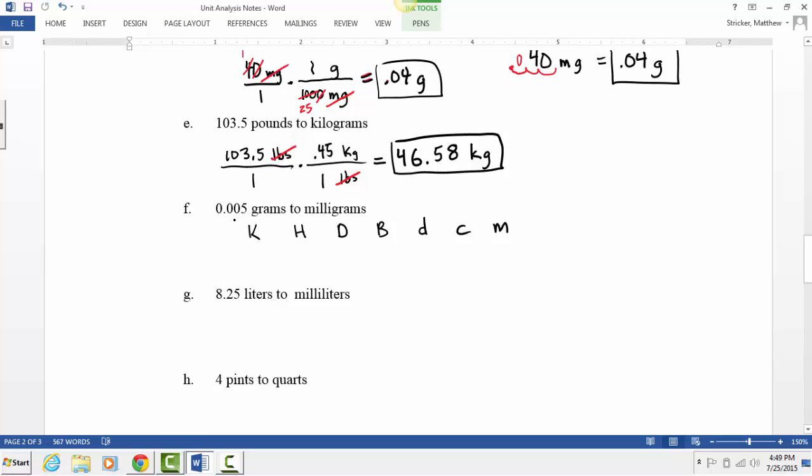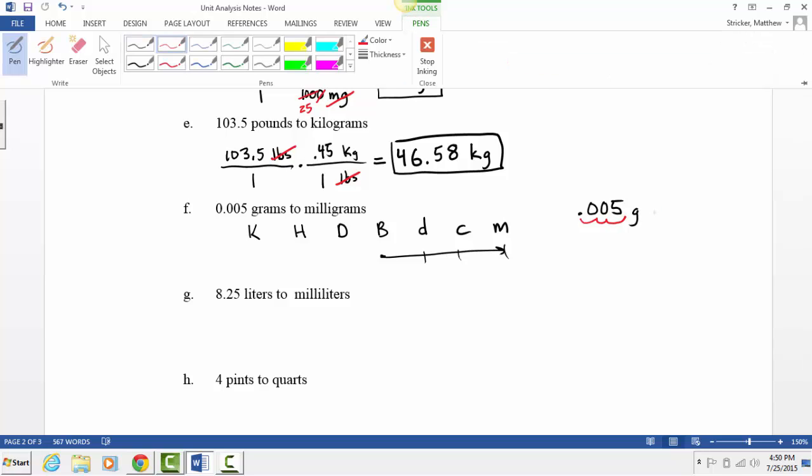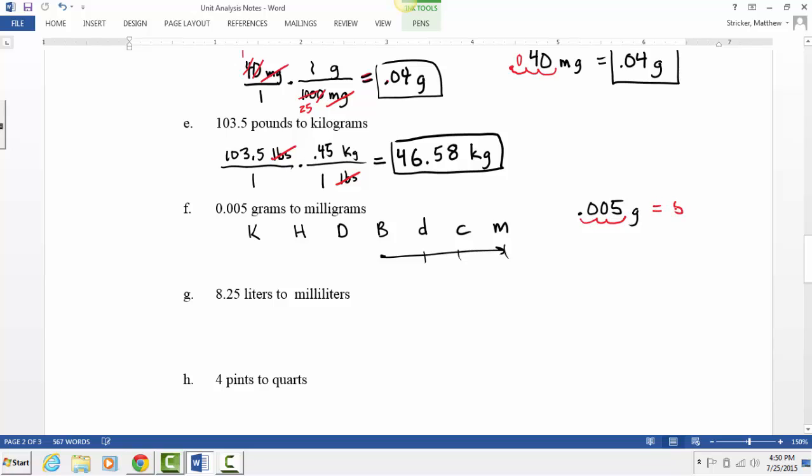I'm going from 0.05 grams, that's a base unit, that's right here, to milligrams. I'm going over 1, 2, 3 spots. So I'm going to take my 0.05 grams. I'm now moving 3 places to the right. 1, 2, 3. So this is going to be equal to 5 milligrams.